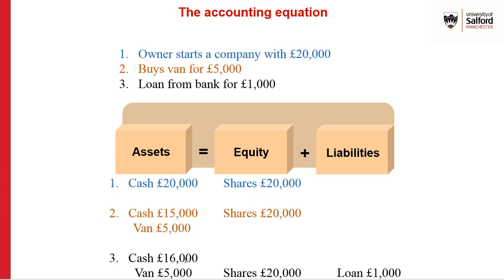Some transactions will just be an increase in one asset and a decrease in another, as in a cash purchase. Some transactions will be simply a change on just the right hand side. Just trying to think what that might be, but anyway, those are probably quite rare.